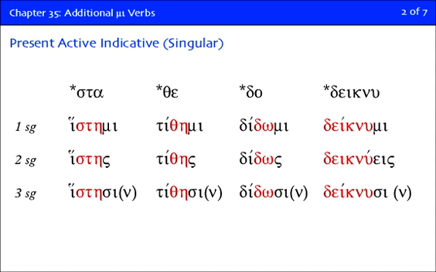Now that's just a characteristic of stems beginning with the theta. But you can see, first of all, that Tithemi is formed from its root pretty much the same way that Dideomi is formed from its root. Can you see that? You have the added difference that instead of being thithe with two thetas, the first theta goes to a tau, but you just learn that and go on, all right?